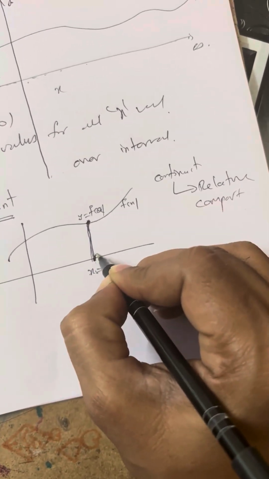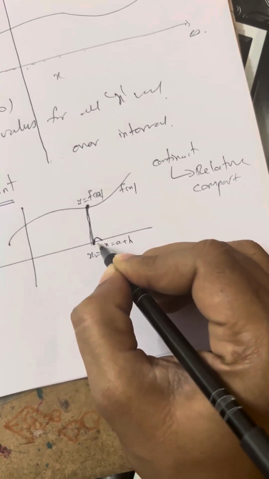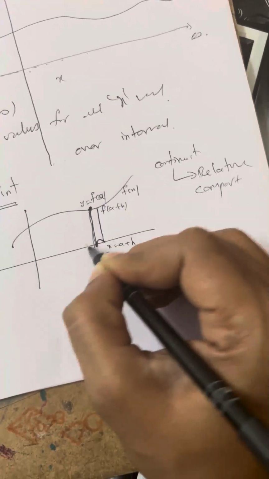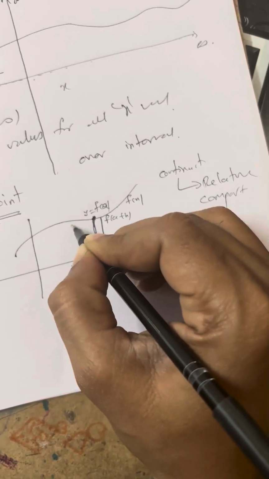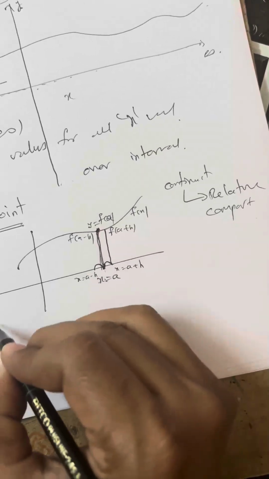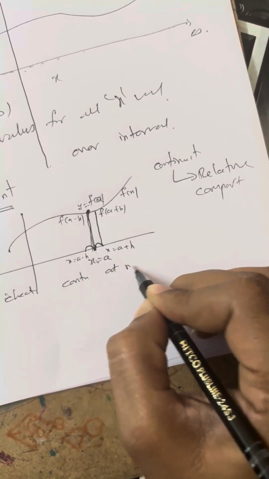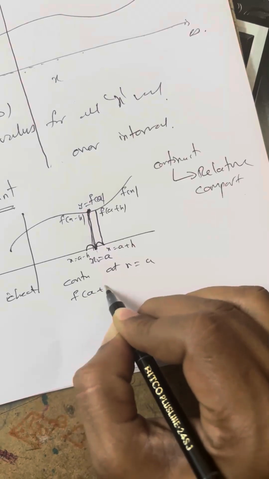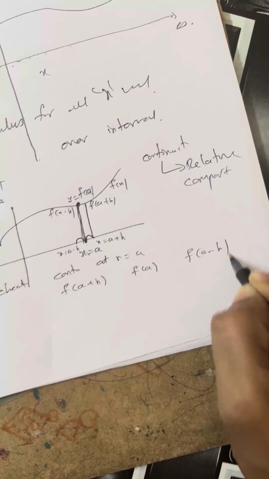You have to move forward, x is equal to a plus h, and if you have some value called f of a plus h here, and backward, say x is equal to a minus h, f of a minus h. So in order to check continuity at x is equal to a, we need three values, that is f of a plus h, f of a, f of a minus h.